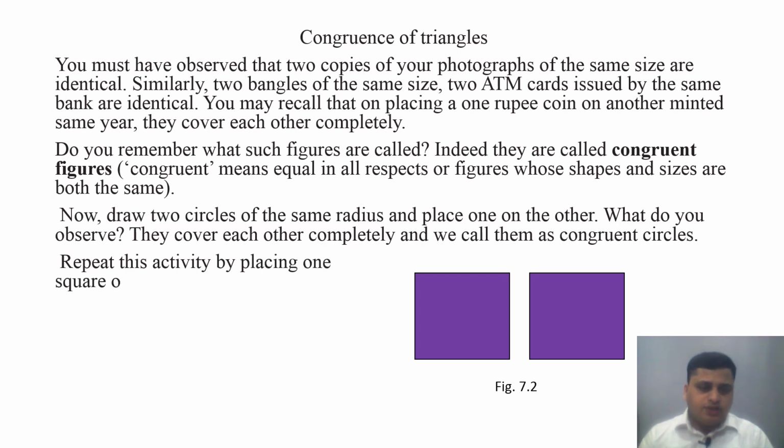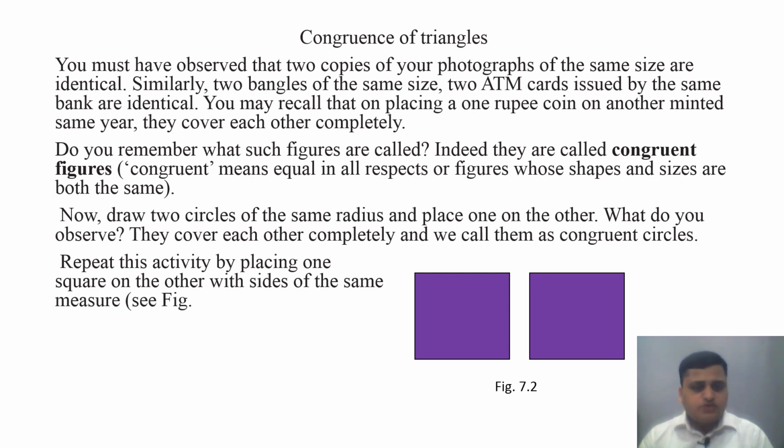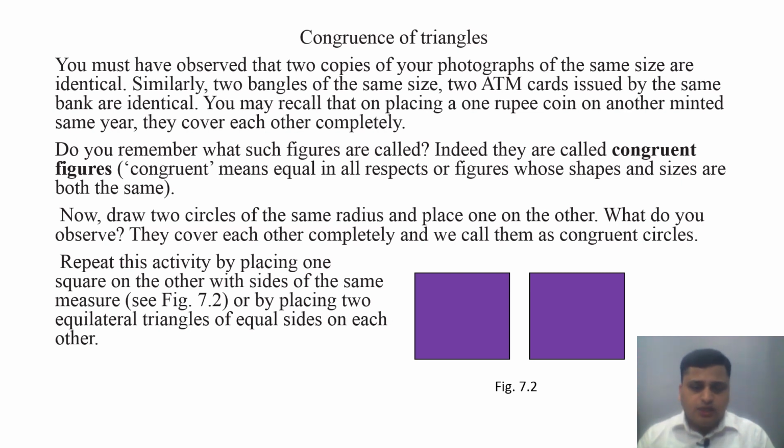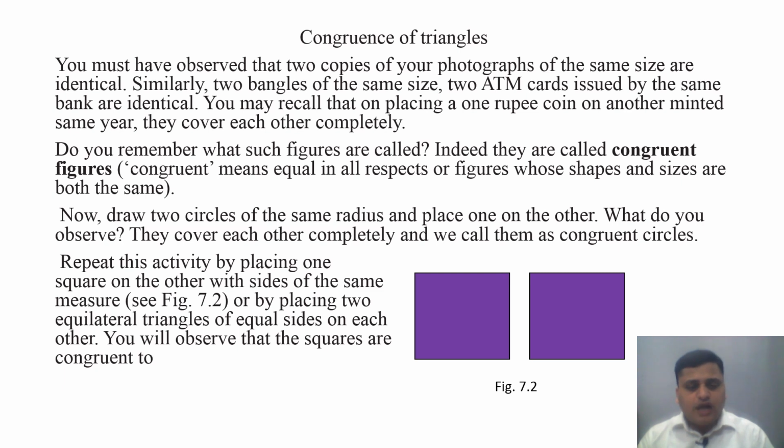Repeat this activity by placing one square on another square of the same side, as shown in figure 7.2. Both squares will be identical. In the same way, take two equilateral triangles of equal sides and place one on the other. Both are identical.